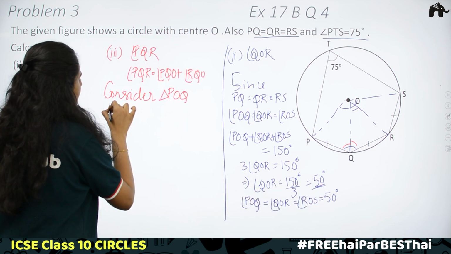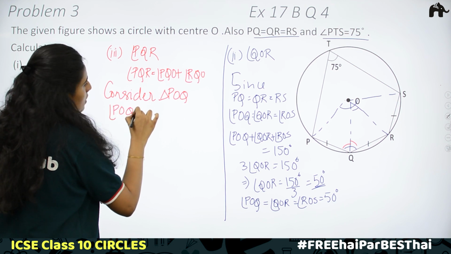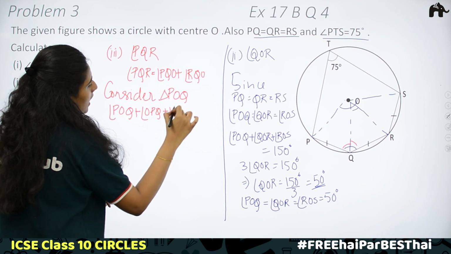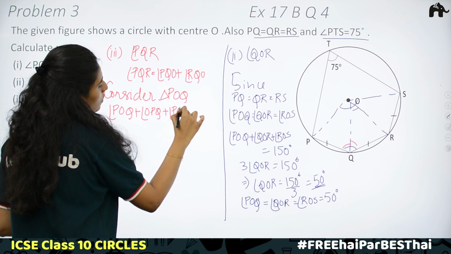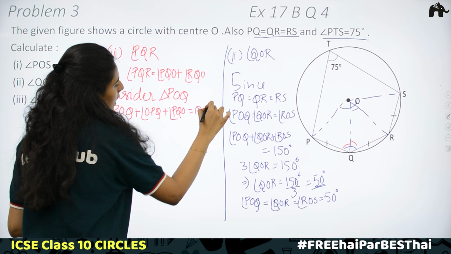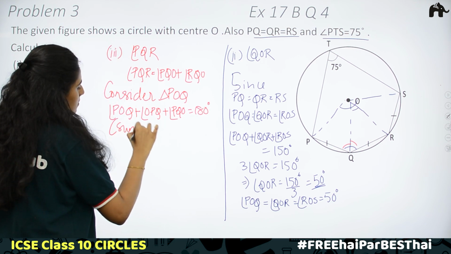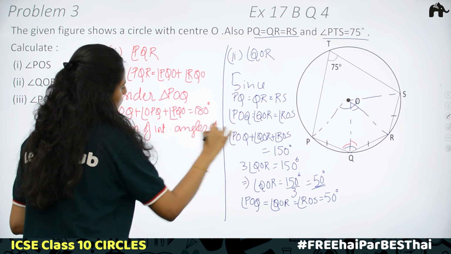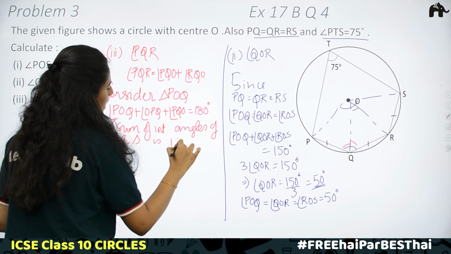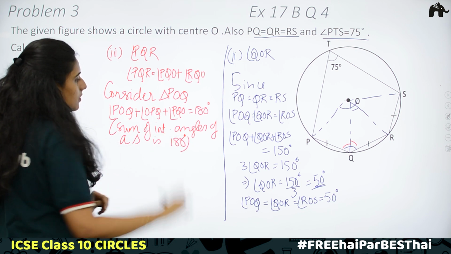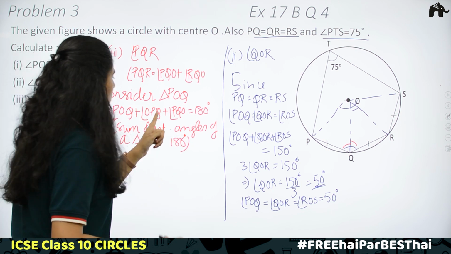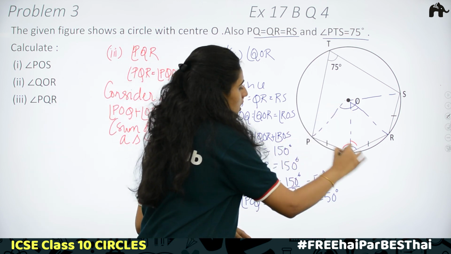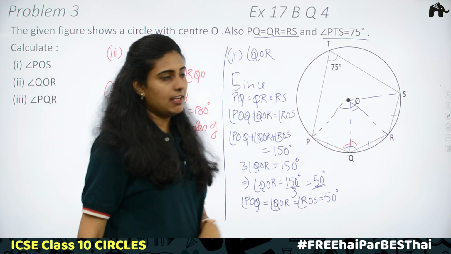Therefore, we can write angle POQ plus angle OPQ plus angle PQO is equal to 180 degrees. Sum of interior angles of a triangle is 180 degrees. Okay, we know the value of angle POQ. Now, what about OPQ and PQO? They are equal. Why?